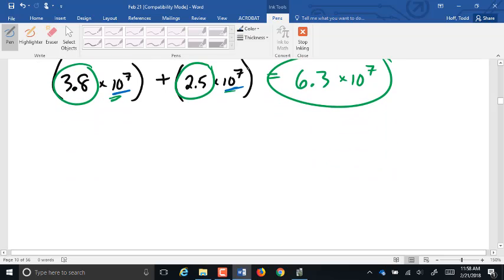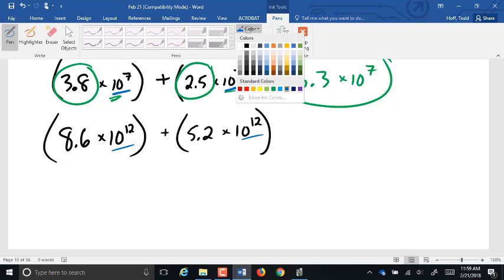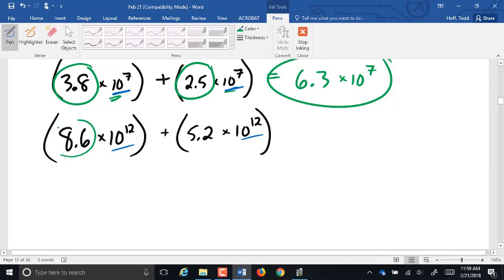Doesn't always stay quite that simple. We can end up with things like 8.6 times 10 to the 12th plus 5.2 times 10 to the 12th. We have the same name. They're both 10 to the 12th. So we're going to combine the counts. 8.6 plus 5.2 is 13.8.